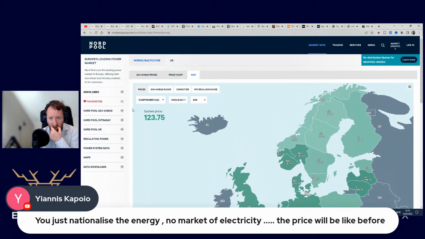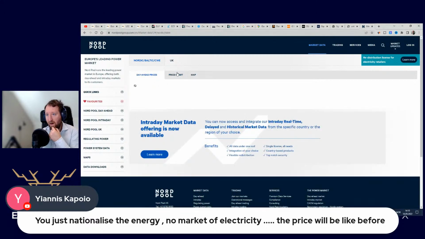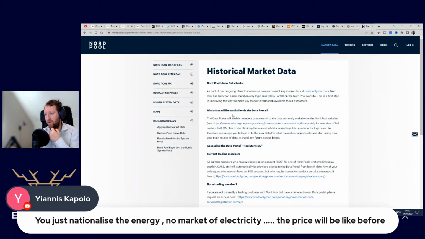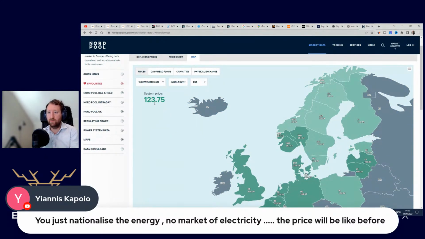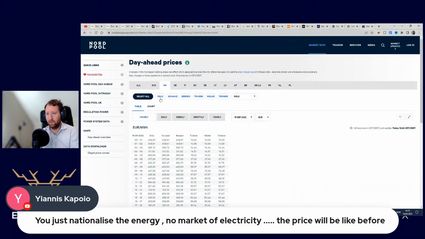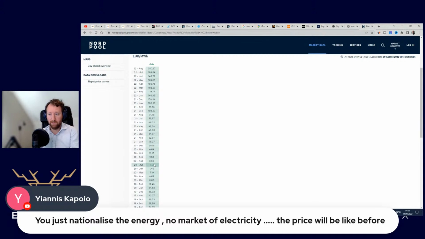So if you look at price charts, no. Let's go, say map. No. Where is the data downloads? I have to pay for that. Whatever. But yeah, if you look at price over time for Oslo, monthly, you can see it was 1 cent in July 20, and now it's 3 kroner and 50 cents.